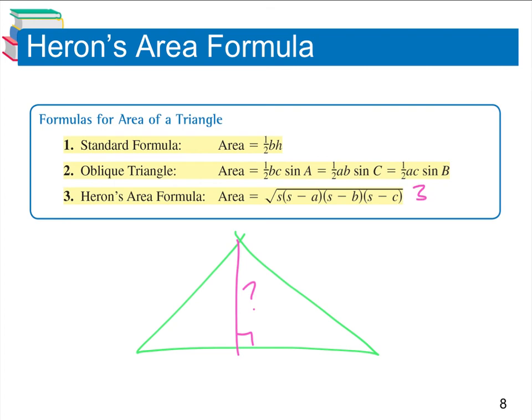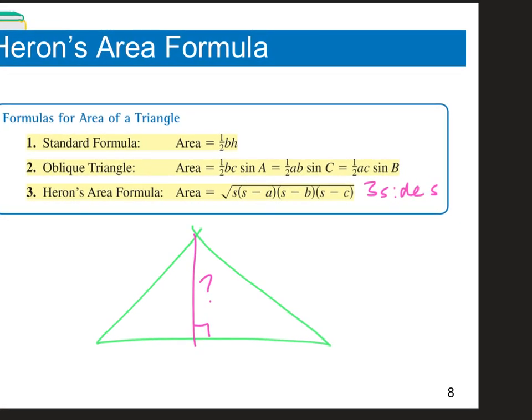So we use this one when we have three sides. And then we use the oblique triangle area formula when we have two sides and the included angle. And then you can use the standard area formula of a triangle when you have the height.